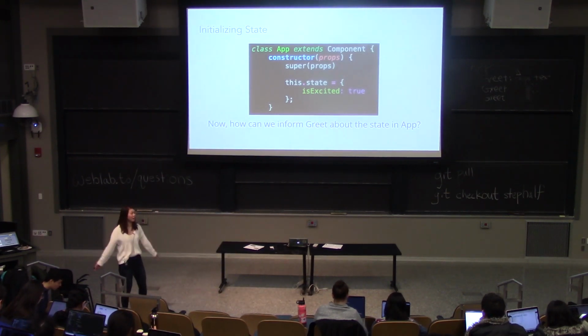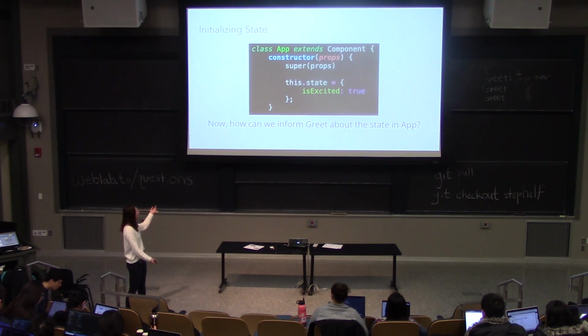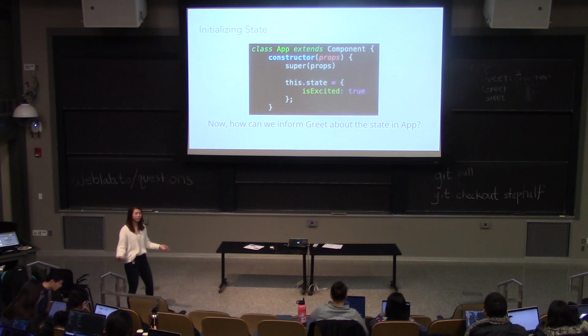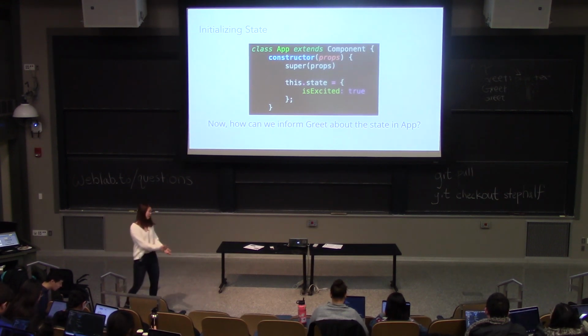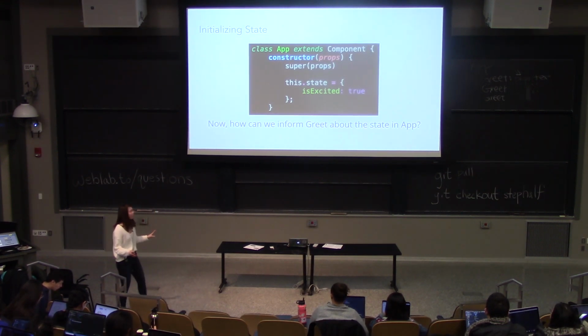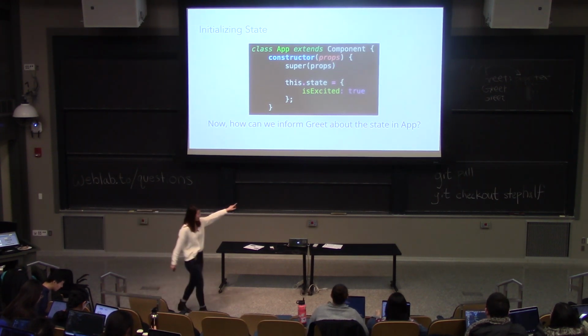So now I want you to discuss with the people around you: how can we inform the component about the state in the app? Right now, it always renders the text no matter what, with no exclamation marks at all. So discuss with the people around you how we can do this. And there's a hint up there.